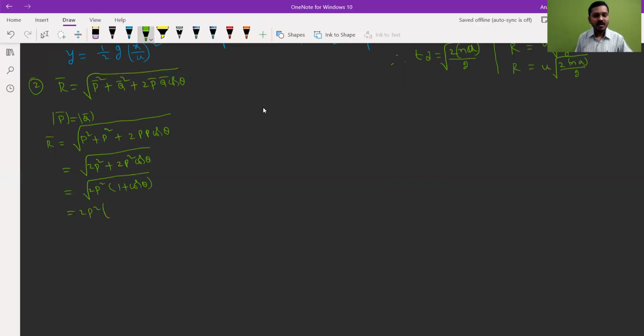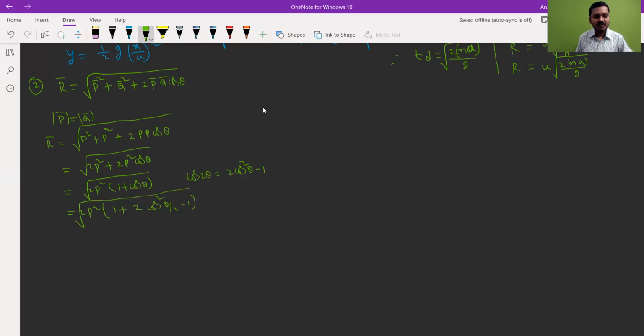Which is equal to 2 into P square, but I am applying here the cos 2 theta formula. We know cos 2 theta is equal to 2 cos square theta minus 1. This formula I am substituting here, 1 plus, but here it is cos theta, so I take 2 cos square theta by 2 minus 1 under root.